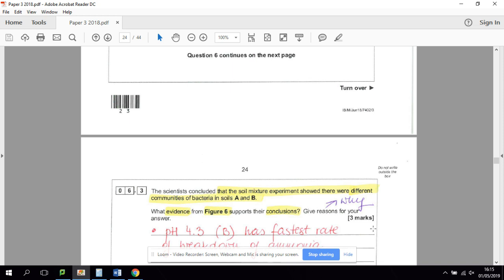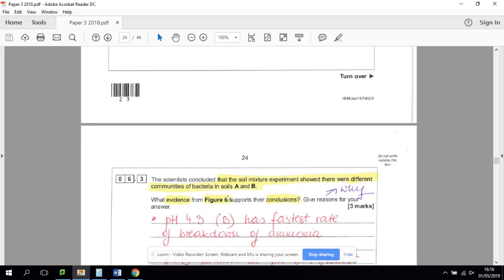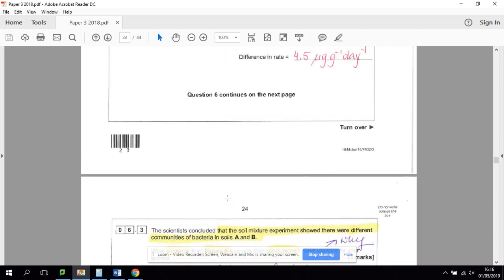What can I see from figure 6 that tells me exactly the same thing as this conclusion? So what we can see is that at pH 4.3, sample B has a faster rate of breakdown of ammonia. So you can see that from the graph.